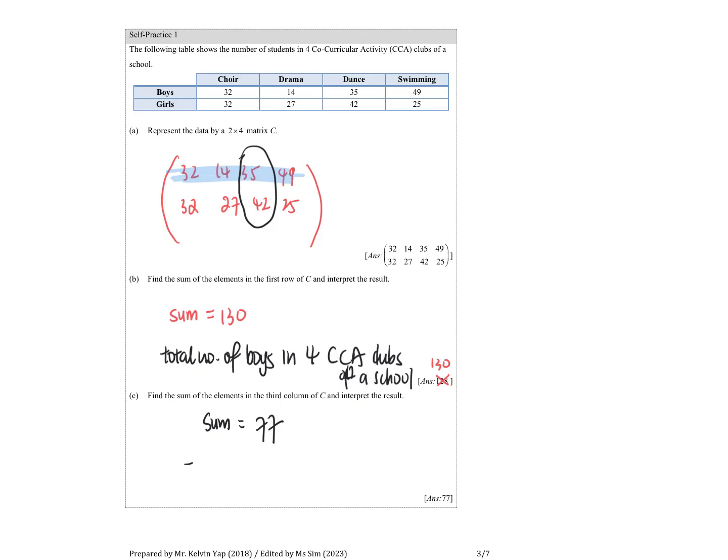This one is the total number of students in dance CCA. So you need to know how to explain. This one is for dance, the total number of students. This one is only the total number of boys in all 4 CCAs.